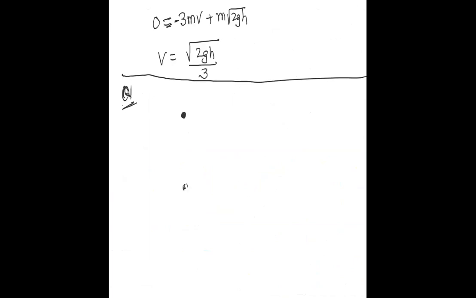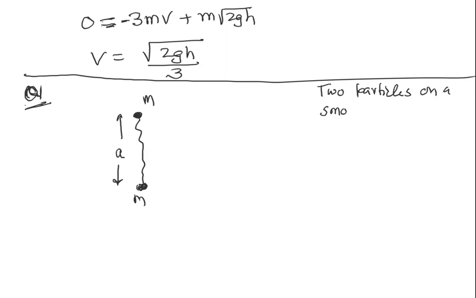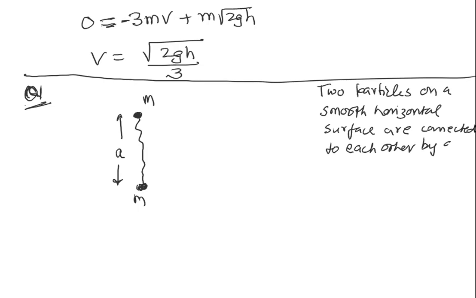Okay, so the next, sorry. So two particles on a smooth horizontal surface are connected to each other by a string of length L, which is less than it.